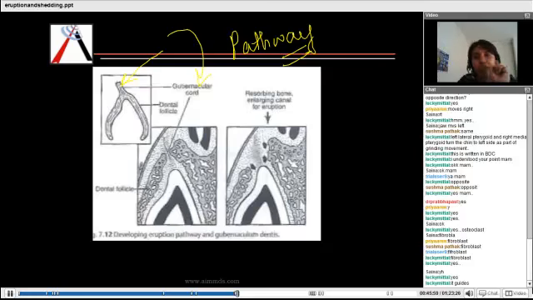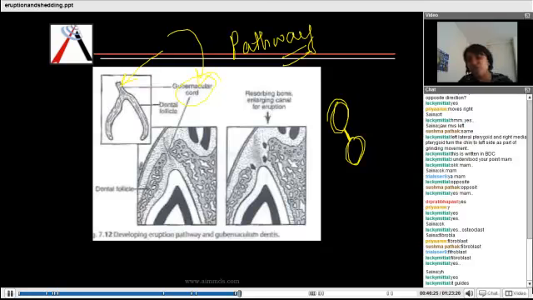Now there is one more thing. When we talk about the permanent and the deciduous, see, this is deciduous and this is permanent. They both are in their own bony crypts. There is something that connects between these two. Again, when we talk about the cellular structure, the epithelium condensation, it is called as gubernacular cord. But that space which is present in the bone, that canal is called as gubernacular canal.